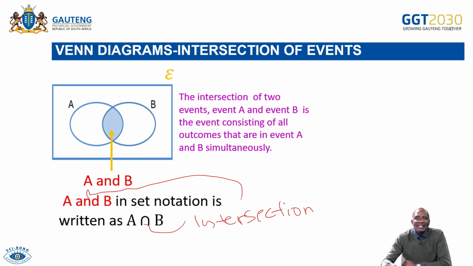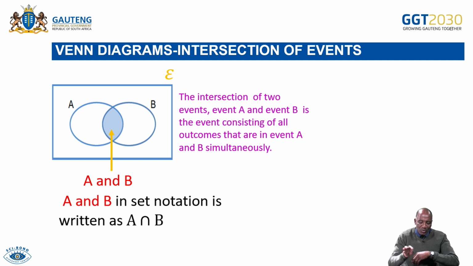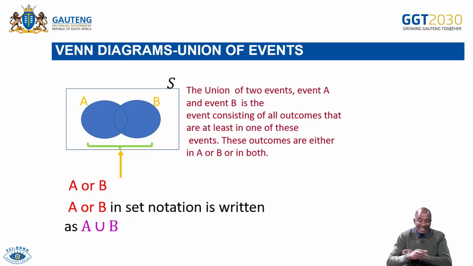This is the intersection of two events, event A and event B. The event consisting of all the outcomes that are in event A and are also in event B. So these are elements that are found in both sets if we were to take these rings as sets. This is a group of A, this is a group of B, but there are some individuals that belong to both sides. That's what we mean by your intersection region.